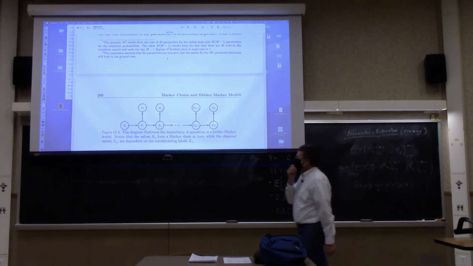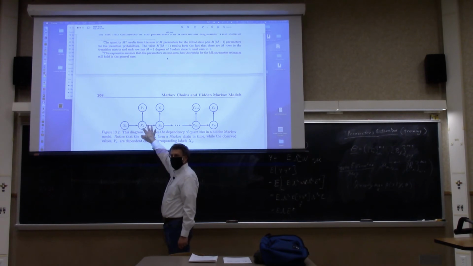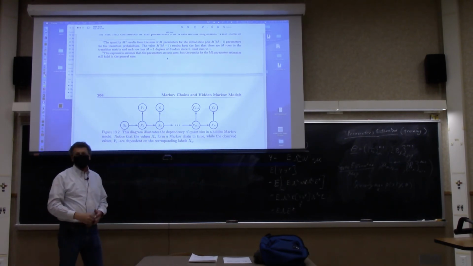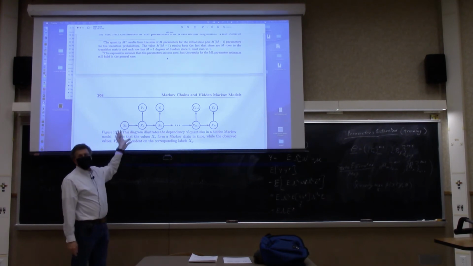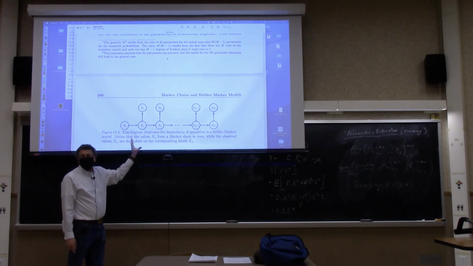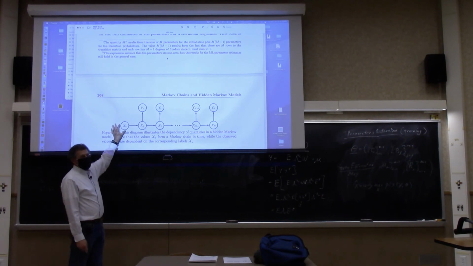So the really interesting thing is, how do you train a model like this? Now, if you have the x's and the y's, if you have the complete problem, it's easy to estimate the parameters. Why? Let's just look at the x's. If I actually observe the x's, first of all, it's almost degenerate.